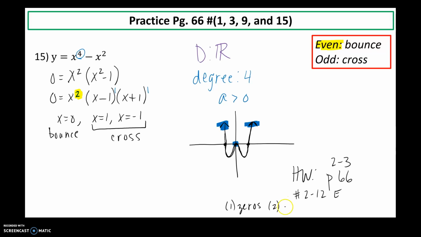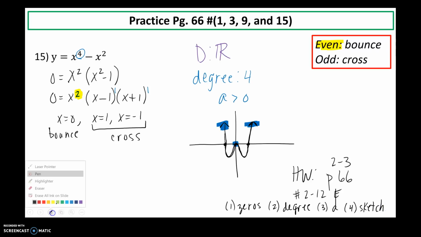I want the degree, the lead coefficient, and then you're going to sketch it. The domain of all of them are all real numbers because they're all polynomial functions.